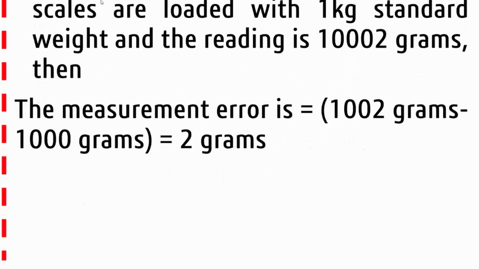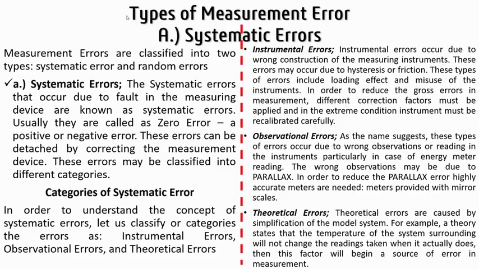Now the measurement error will be 1002 grams. When you subtract them, the measurement will be 1002 grams, which is our measured value, minus the 1000, which is the true value, and you have 2 as the error. Okay, I guess you understand that.